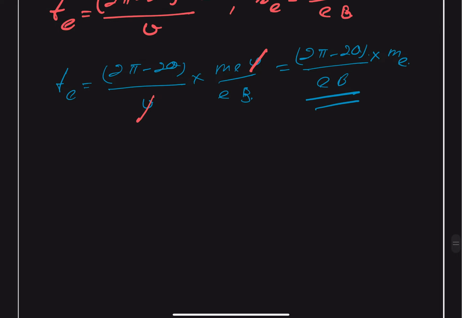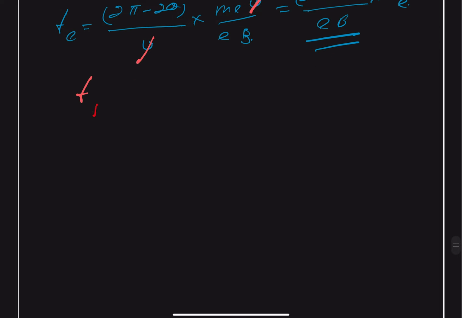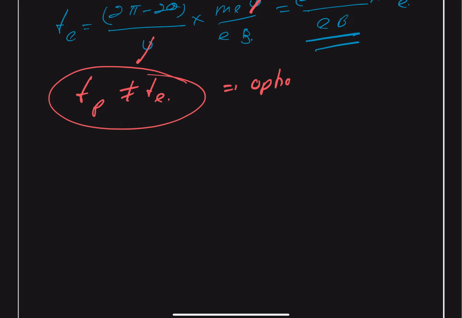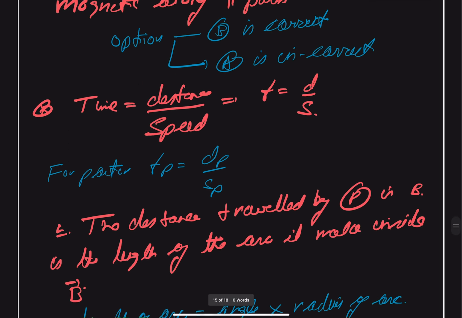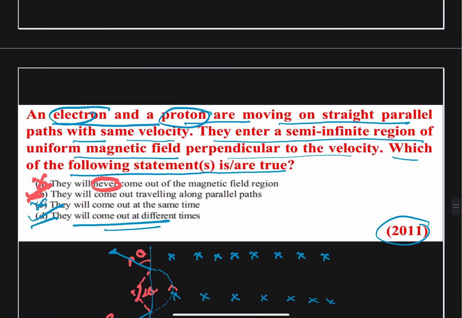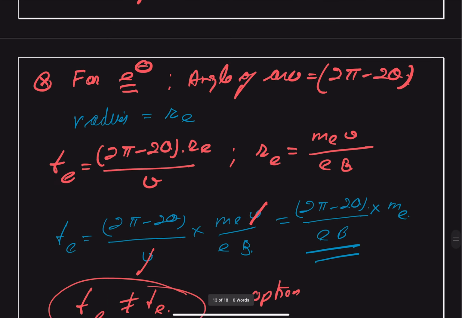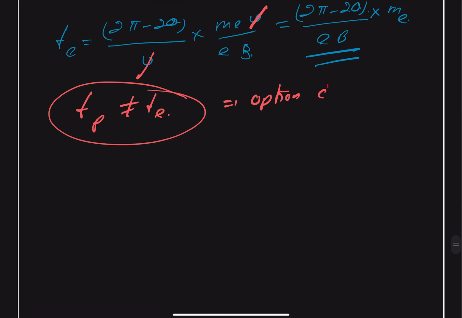So we can say that T_p is not equal to T_e. Therefore, option C is incorrect and D is correct.